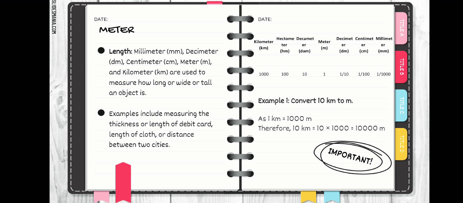Therefore, the movement is kilometer to meter. So the movement is to the right. So what do we do if the movement is to the right? We need to multiply.